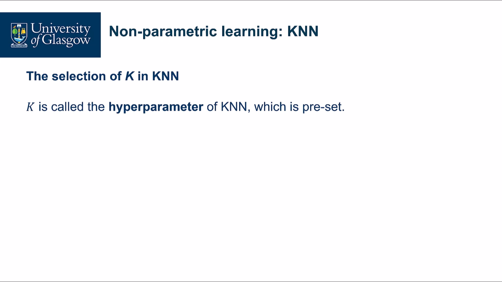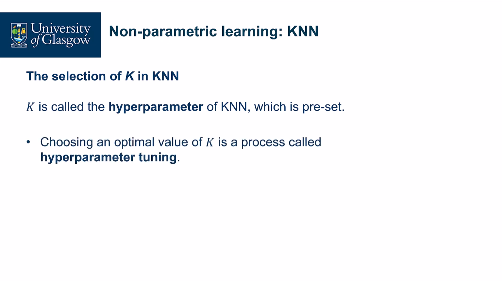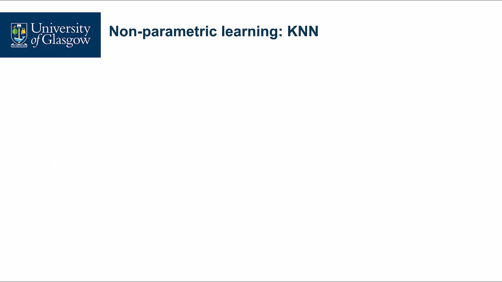Therefore, we need to choose an optimal value of k. This process we call hyperparameter tuning, which is a terminology in machine learning models. For KNN, there are several rules of thumb for selecting k. Let's see what they are.